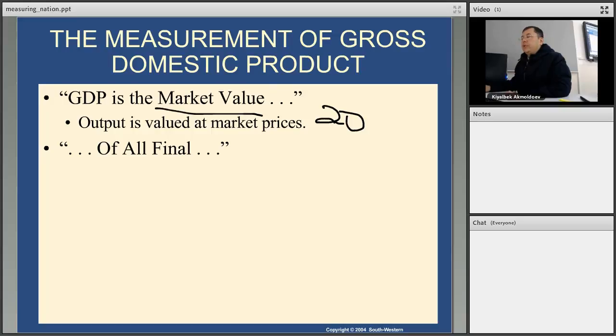For example, let's say we produced 10 computers in our country, plus 200 cars, plus clothes, and so on.